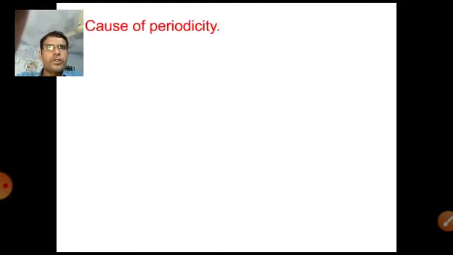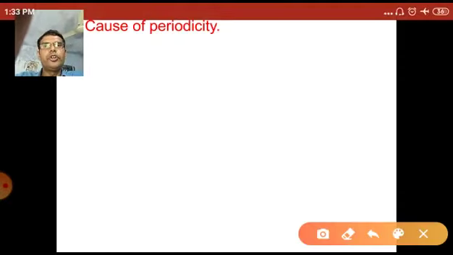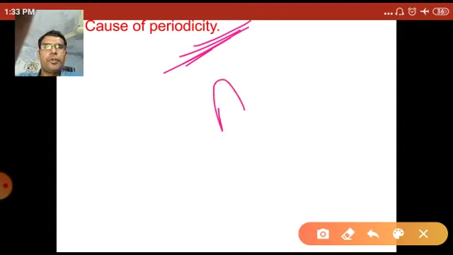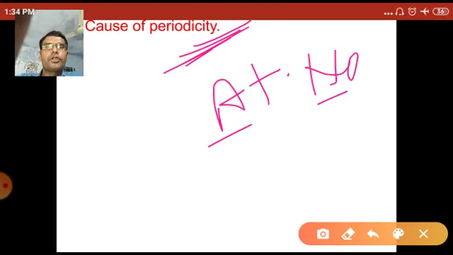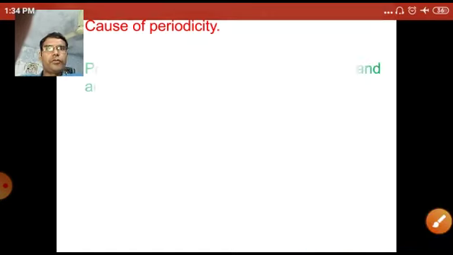What are the causes of periodicity? Mendeleev did not explain the causes of periodicity, because periodicity depends on electronic configuration, and electronic configuration depends on the atomic number, not on the atomic mass. So the Mendeleev periodic table does not discuss the causes of periodicity.